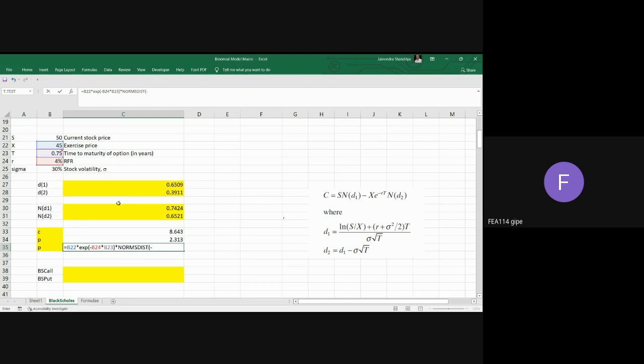So I write this function D2, and I take it minus. The first part is done. And from here I subtract the stock price, which I multiply with norm of minus D1. So minus, and then this D1.